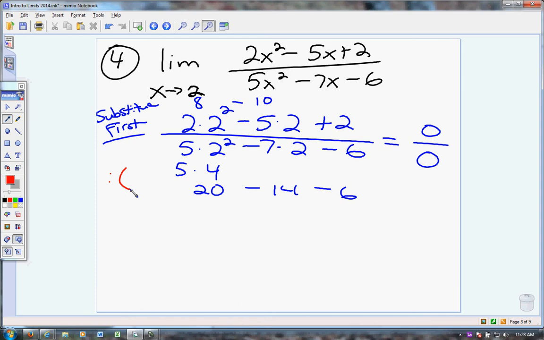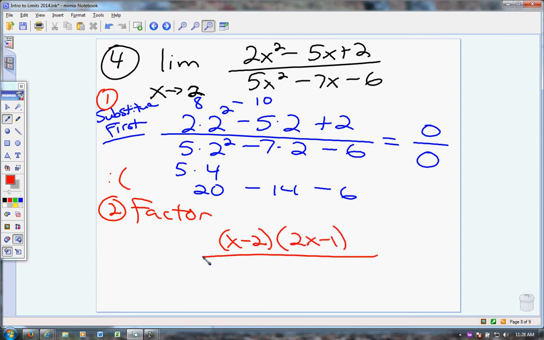So now let's try to factor. So this was step 1. Step 2, let's now try to factor. I'm going to save you some time and just tell you how it factors out. It factors out into x minus 2 times 2x minus 1 all over x minus 2 times 5x plus 3.